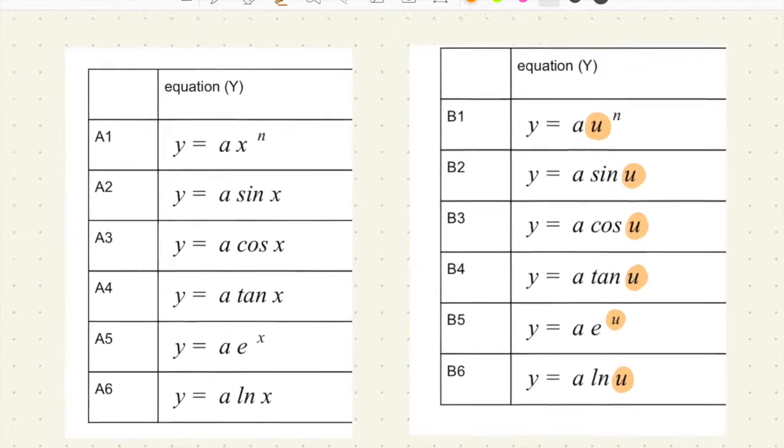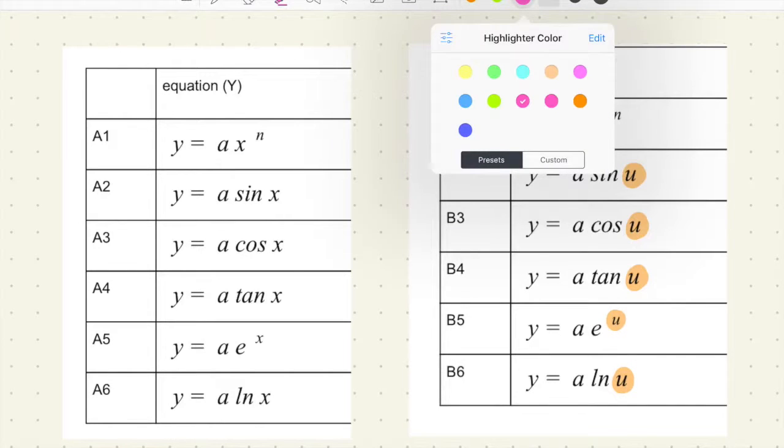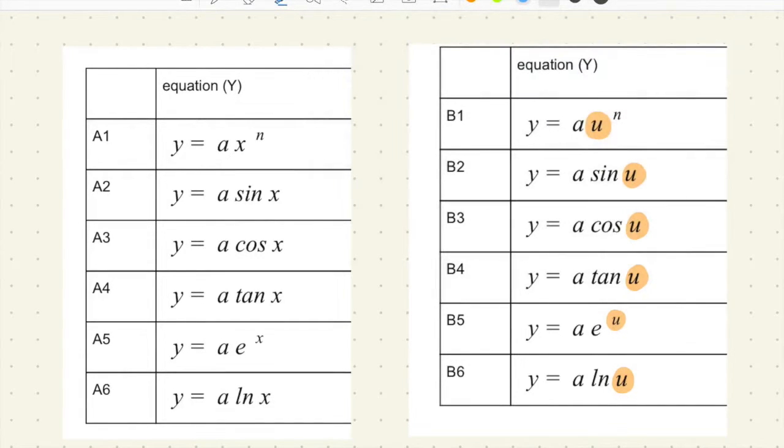If you compare that to formula group A, you notice I mark all the x variables with blue color on your left, and I mark the subfunction U on the right with orange color. All are very similar.